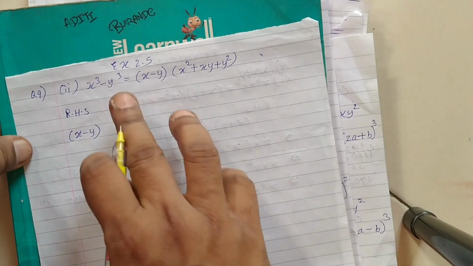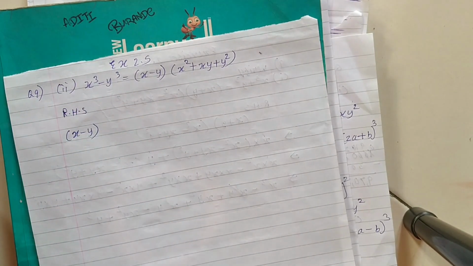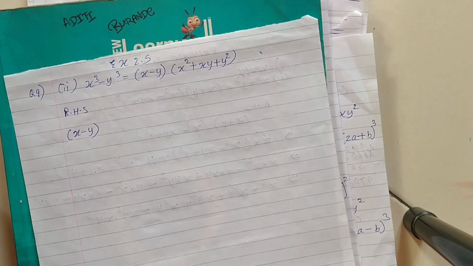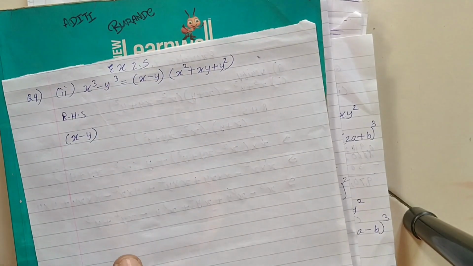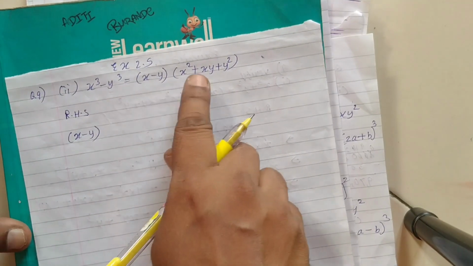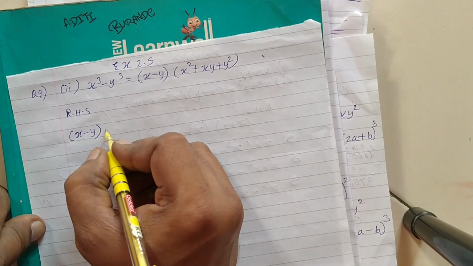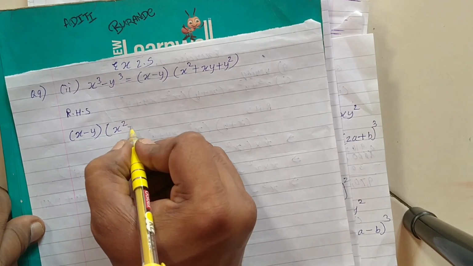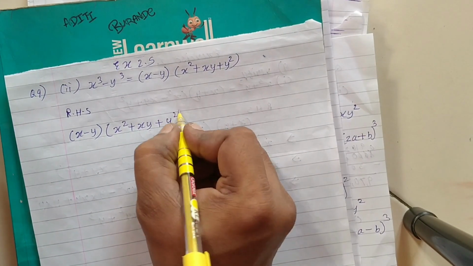One thing I want to tell you, on question 9, that x cube plus y cube equal to (x plus y) into (x square minus xy plus y square), you have to remember this also, because in the next question we have to use this to solve the problem. Okay, so here x minus y into x square plus xy plus y square. So we have to solve this.